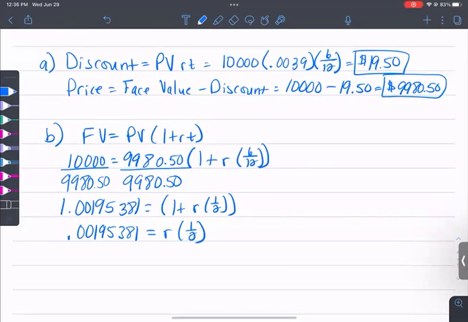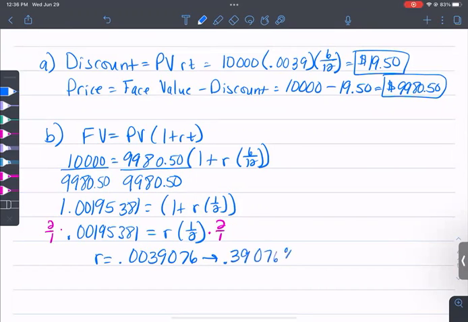And then to get rid of that 1/2, multiply by 2/1. And I get a rate of 0.0039076 or 0.39076%. So those percentages are very close together.